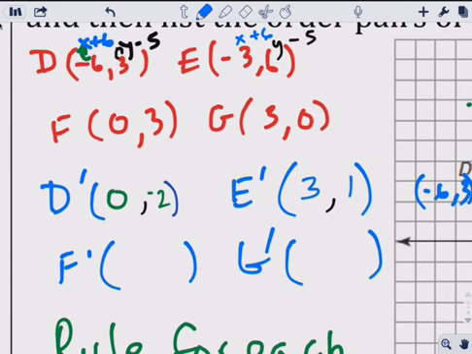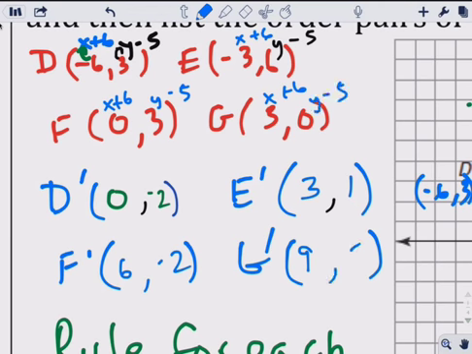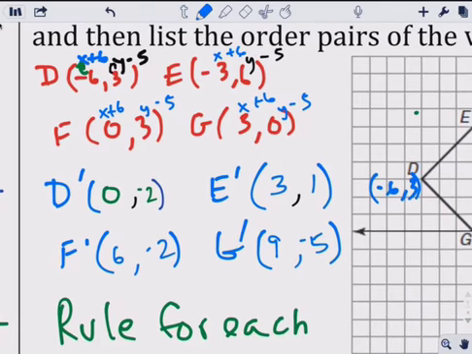And then x plus 6, that's 6. Y minus 5, that's negative 2. X plus 6, that's 9. Y minus 5, that's negative 5. Okay? Alrighty.